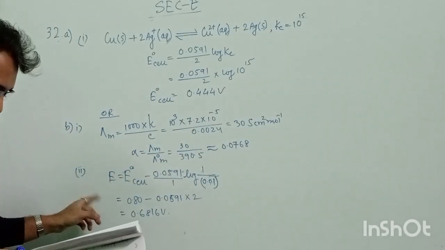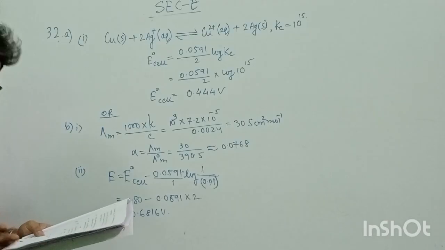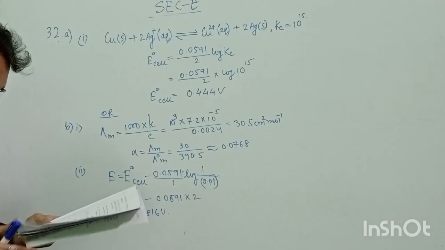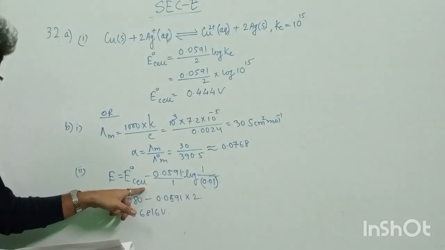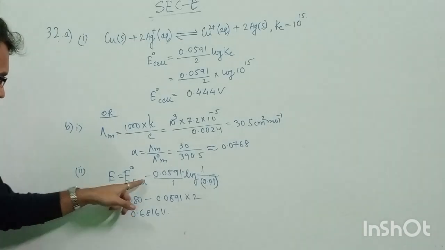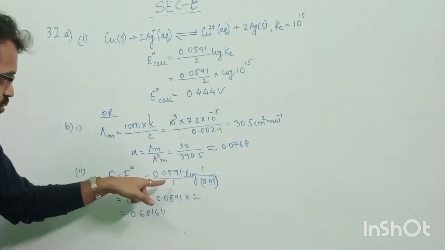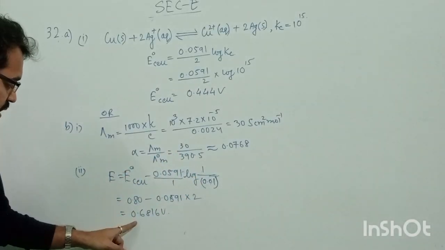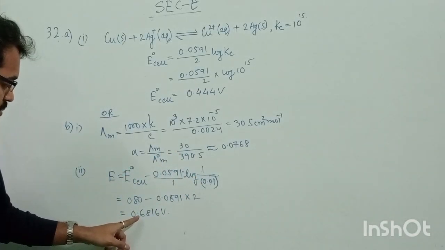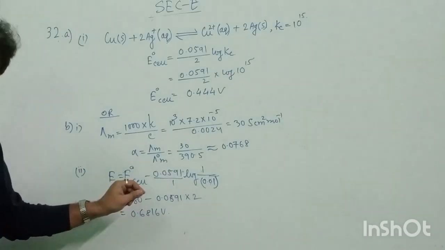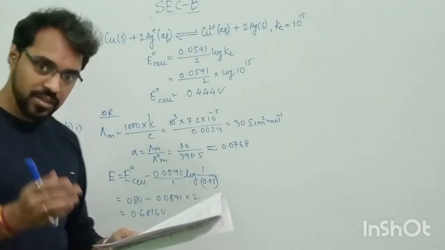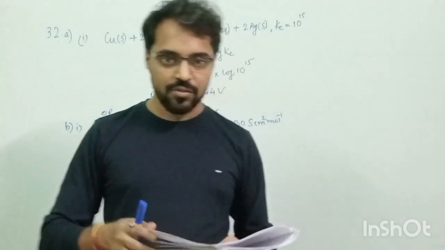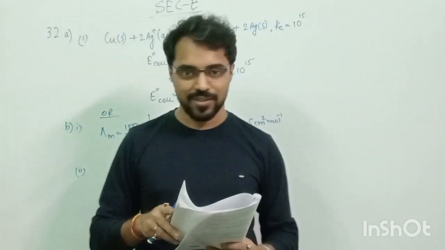And the second part, silver plus taking 1 electron is converted to solid silver. That is again a Nernst equation related question, E equals E naught cell minus 0.059, here n is 1, log of 1 by 0.01, so you get E as 0.6816 volt. And the last part, for dry cell and fuel cell, what are the names of the electrolytes? Please refer to the NCERT book.